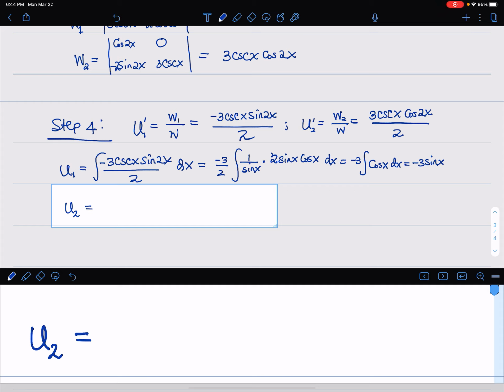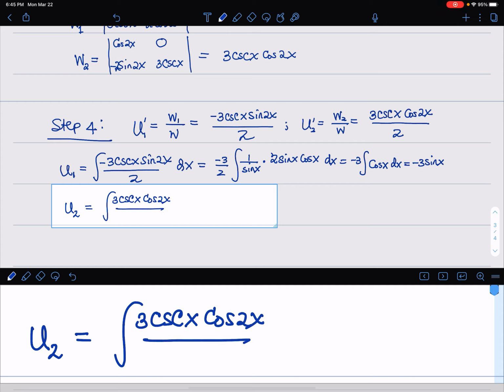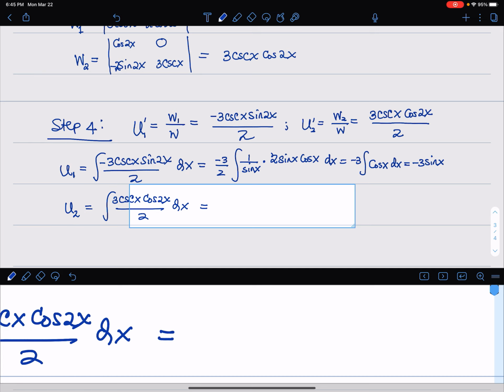u2 now is going to be the integral of 3 cosecant of x cosine of 2x all over 2 dx. Let's factor out the 3 over 2.